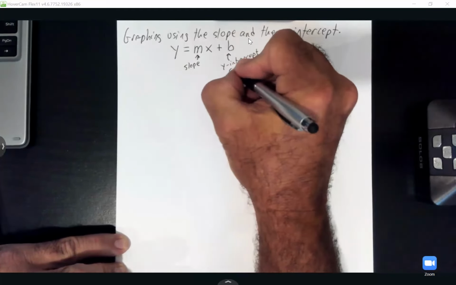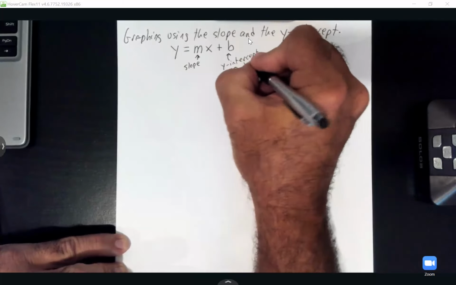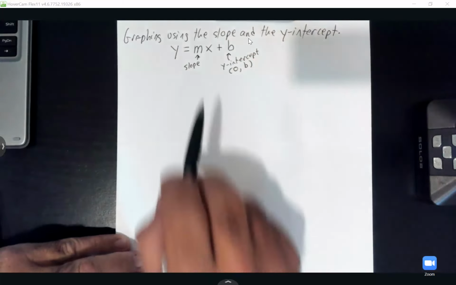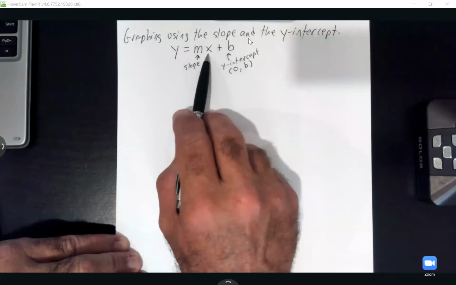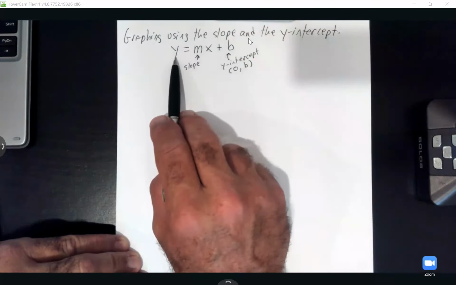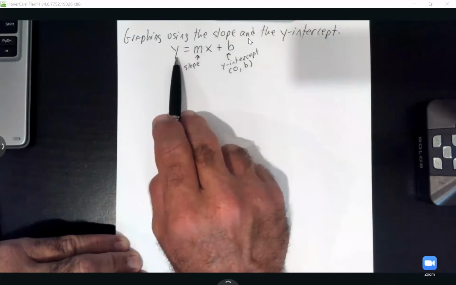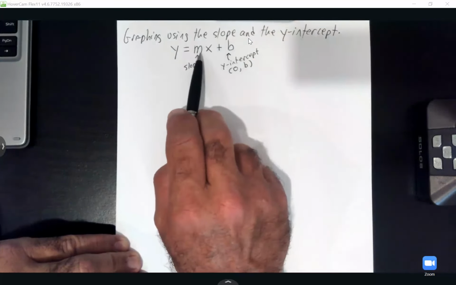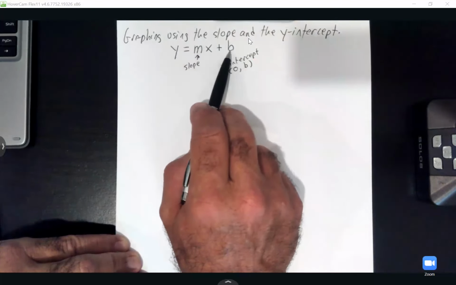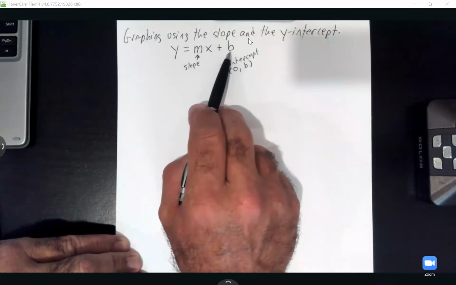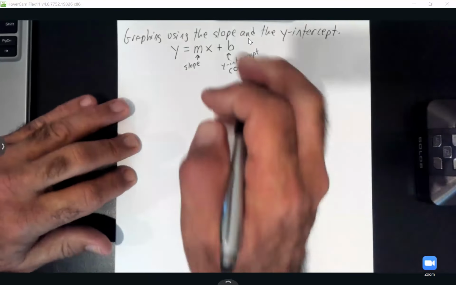And remember, the y-intercept is the point 0, b. So when you're in the slope-intercept form of a line, and you got that y by itself on one side or the other, whatever number's in front of the x will be your slope. Whatever number's at the end will be your y-intercept.